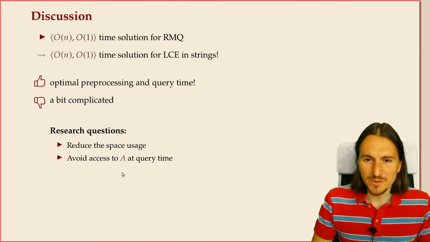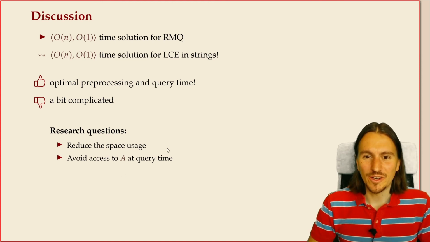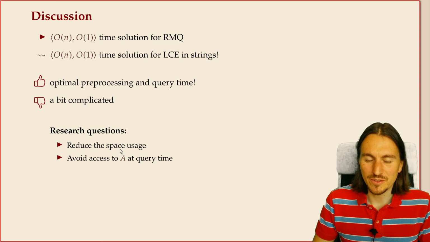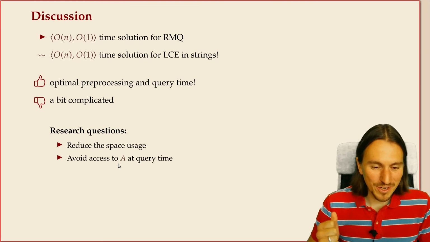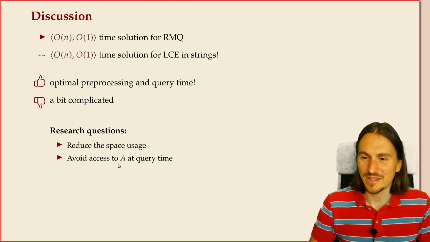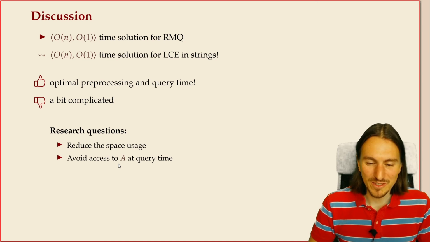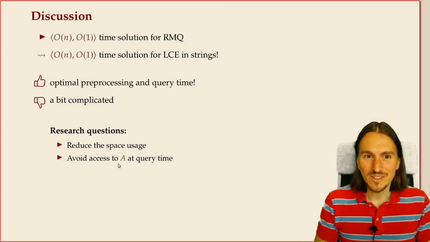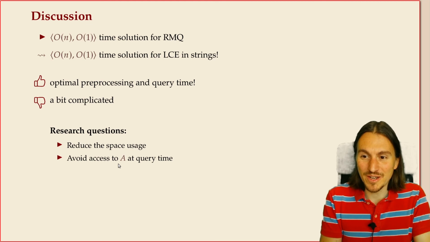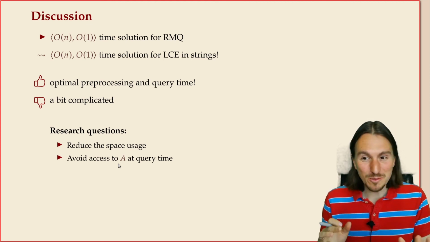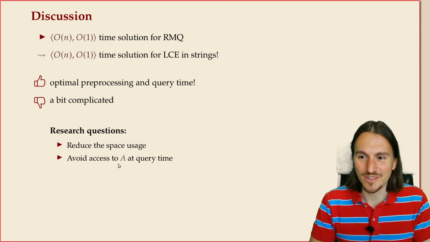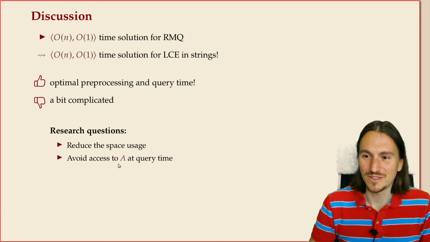There are some open problems in this area where research is still ongoing, in particular about getting the space usage to the absolute minimum, or avoiding having access to the array at query time. So a nice little twist on the problem is that you get the array at pre-processing time, but then I take the array away from you, and for the queries, you have to work only with your data structure, and you get no further support. You cannot look at the array anymore.